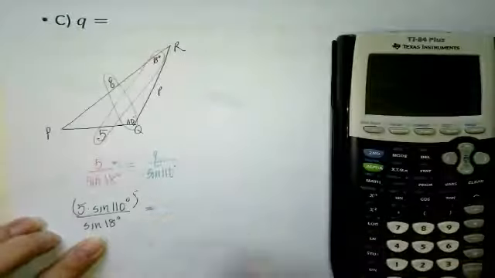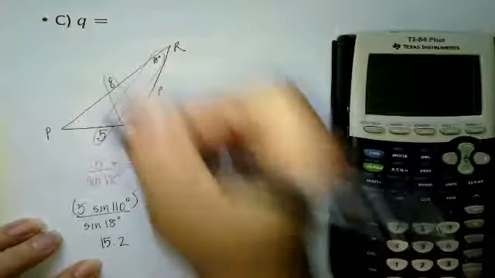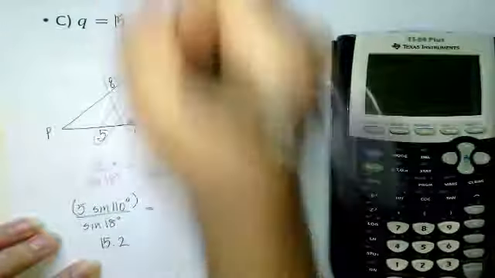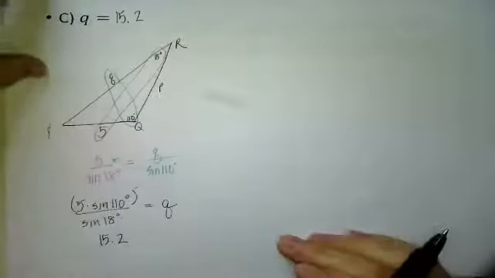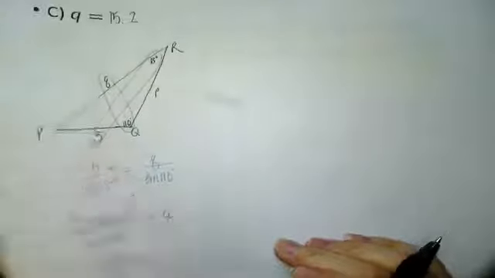I get 15.2. That is Q. All right, so hopefully that's good enough for a lot of science. Really useful stuff there. It works for all kinds of triangles.